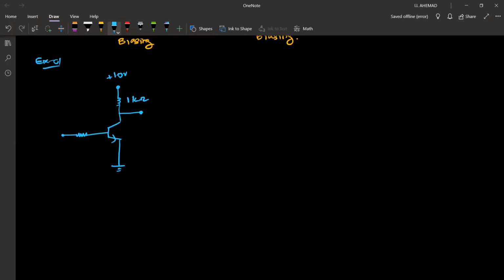RC resistor is 1 kilo ohm and our RB resistor is 100 kilo ohm. Instead of giving a sine or AC signal, I'm giving a DC signal, plus 5 volts. When we have plus 5 volts, let's say beta is 100.